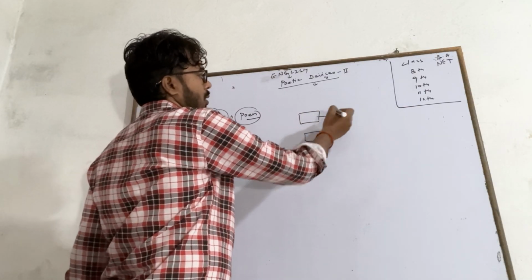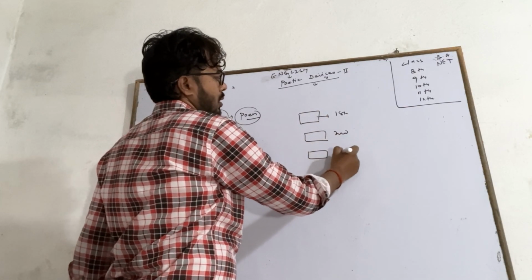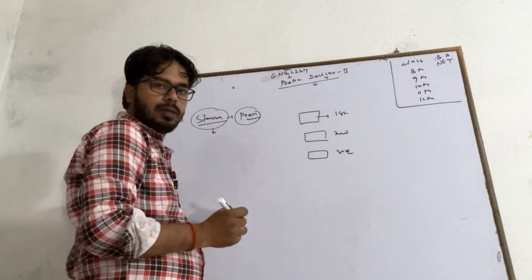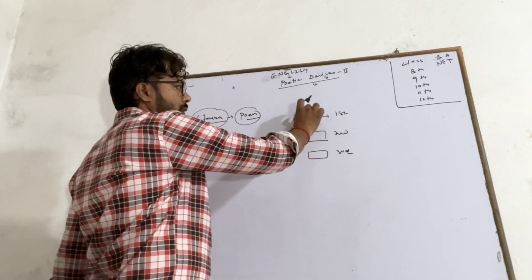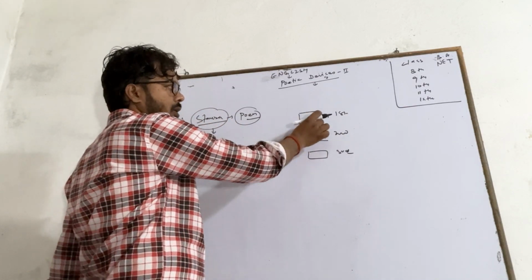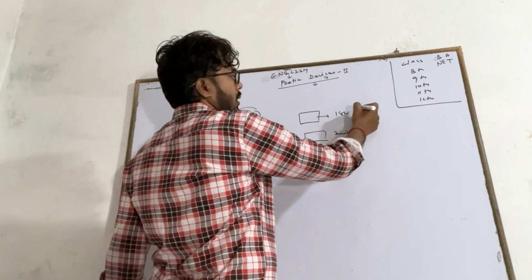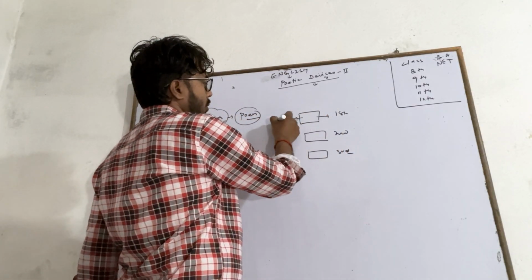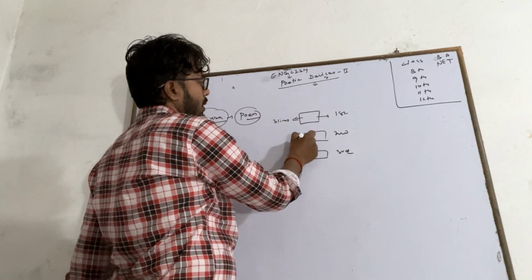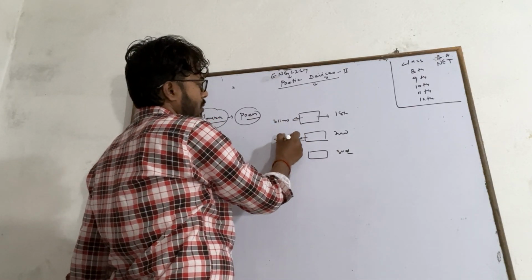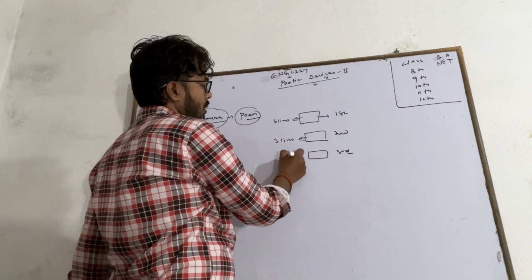First stanza, second stanza, third stanza. Suppose this particular stanza has 3 lines of poem, this is also 3 lines, and this is also 3 lines.